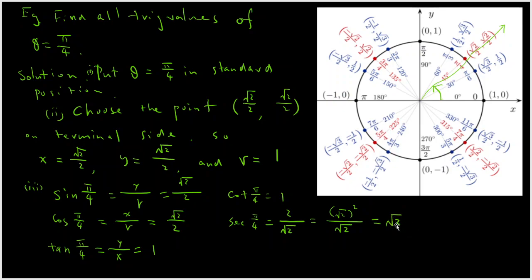Okay, I'm trying to say when you have a radical something like this, you can leave the radical as the final answer. And likewise, cosecant of pi over 4. I think the same thing, right? It's also square root of 2.